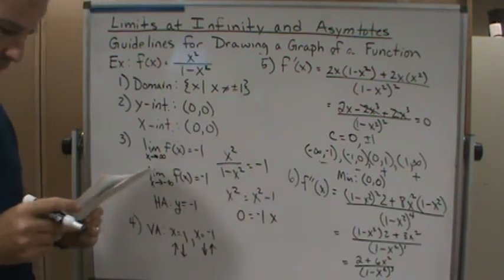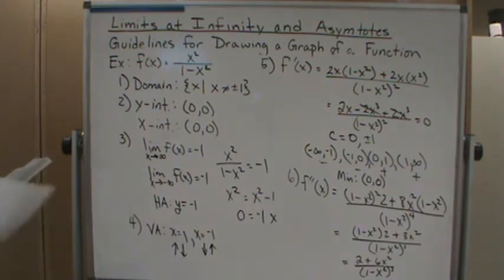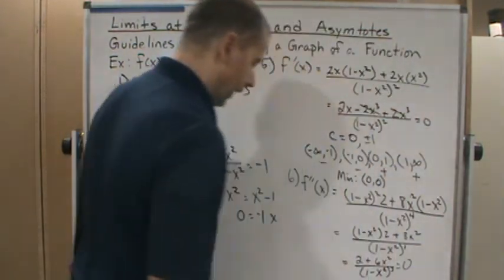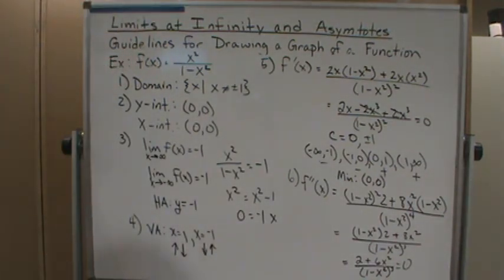Okay, let me just check to make sure I did that right. Okay, yes, that's correct. Now I'm going to set this equal to 0, and this is where I'm going to be looking for the inflection points.